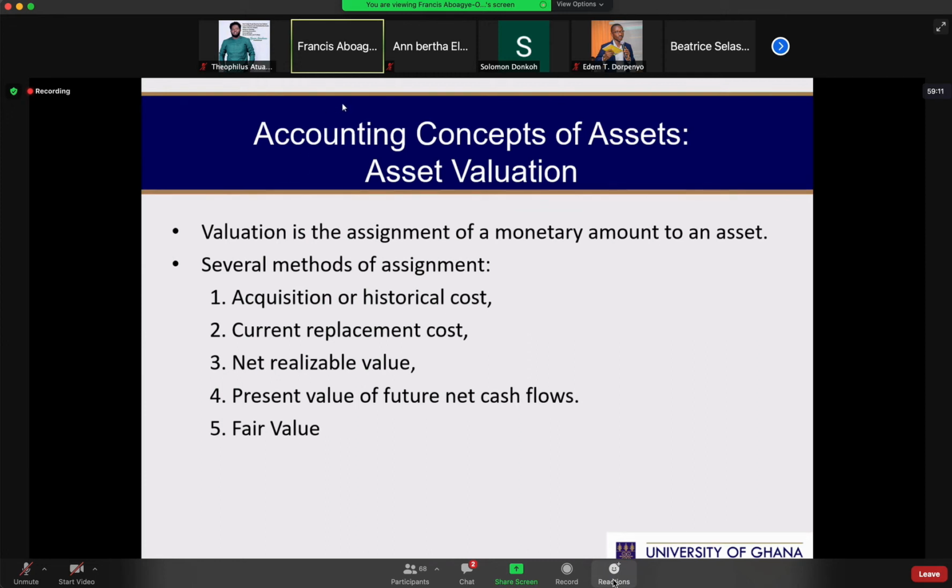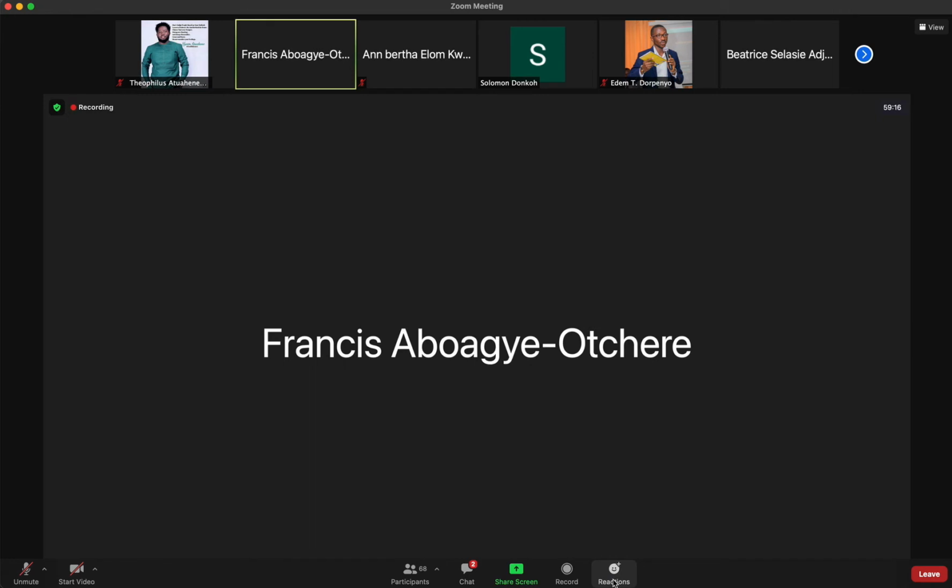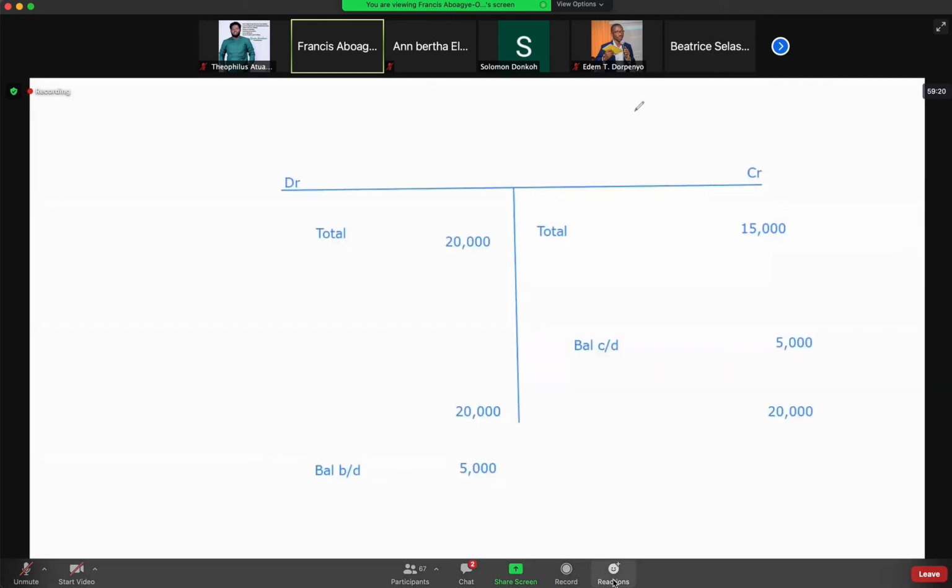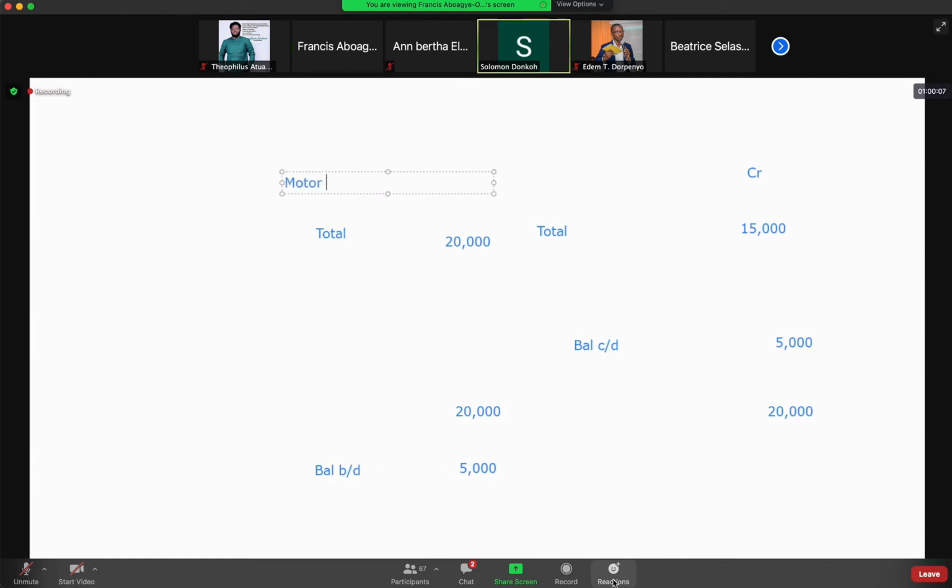So assuming we bought an asset, maybe a motor vehicle, that costs 60,000.